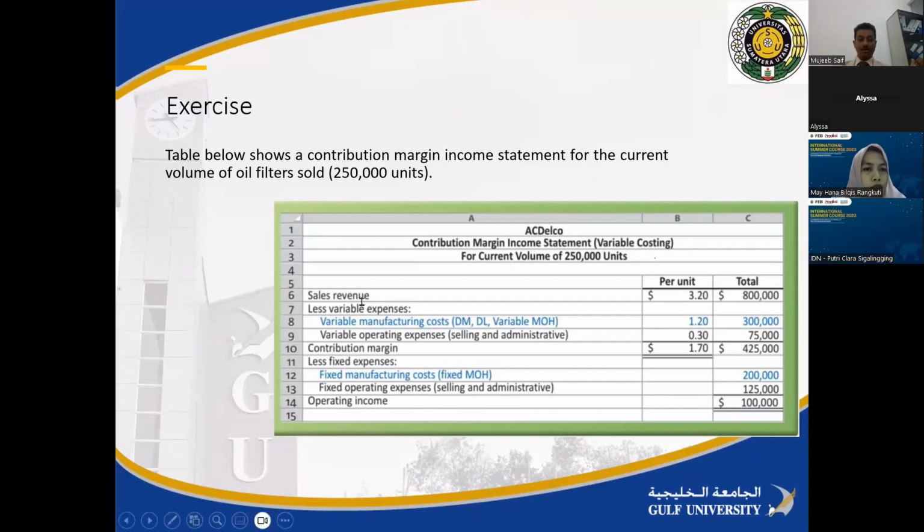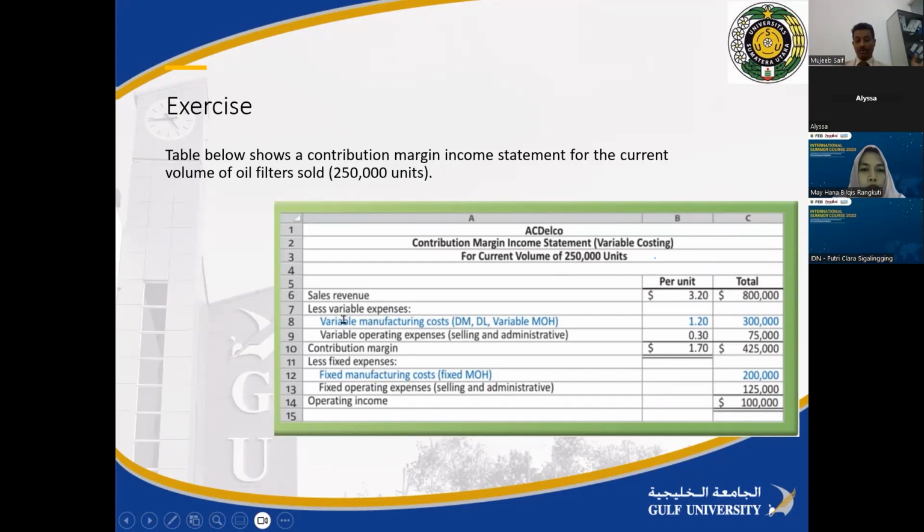So here, we have two types of variable costs. Here, variable cost related to manufacturing, manufacturing cost, all costs paid in the production line. And we have here variable operating expenses, which is selling and administrative.